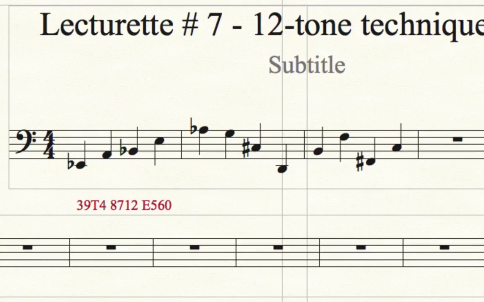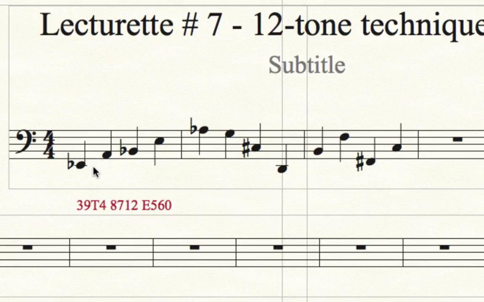And when it comes to writing 12-tone music, some composers who use the technique spend a lot of time building into their row various kinds of properties, and all 12-tone rows have certain properties, and we'll talk about what I mean by that.